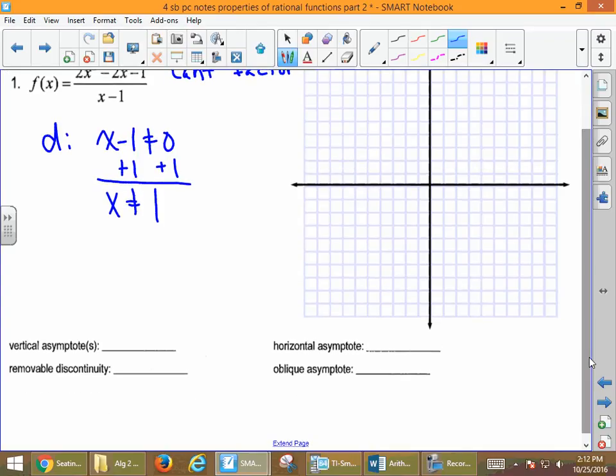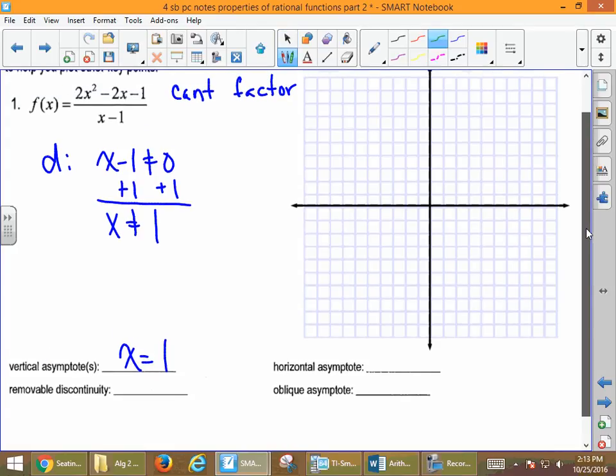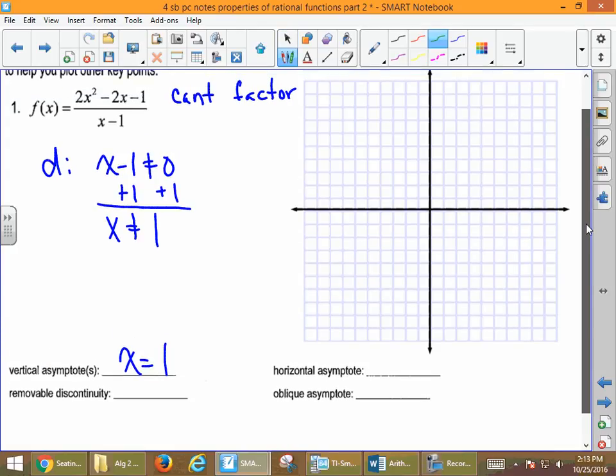So if x doesn't equal 1, then our vertical is x equals 1. A couple other things that we can identify here. We couldn't factor the numerator, which means that we don't have anything to cancel out. And because we don't have anything to cancel out, we don't have any removable discontinuity.